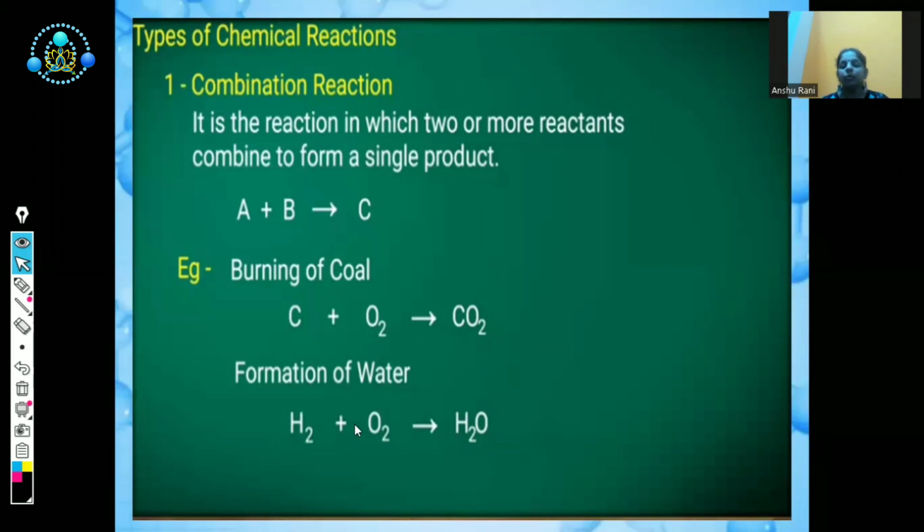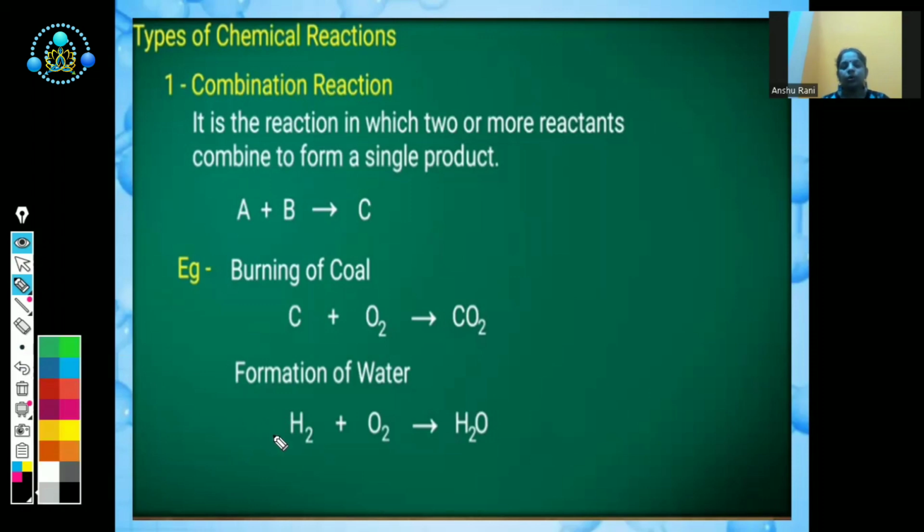When you are burning hydrogen gas in presence of oxygen, it forms water. This is again example of combination reaction. We can balance it by writing 2 here. 2H2 gives you 2H2O. 2 hydrogen plus oxygen forms 2H2O. This is also example of combination reaction.